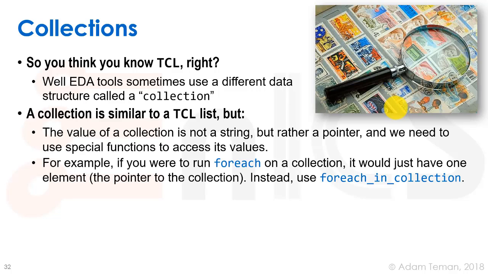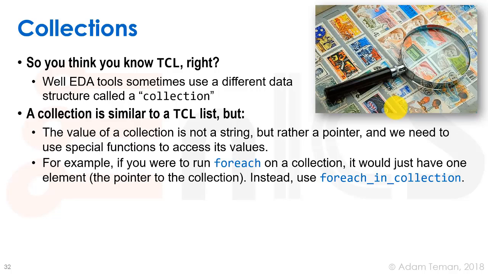A collection is like a Tcl list. If you remember, a Tcl list is actually just a bunch of strings that are connected together with a space or something like that. In fact, everything in Tcl is just a string, and that wasn't sufficient when wanting to define different things like SDC.